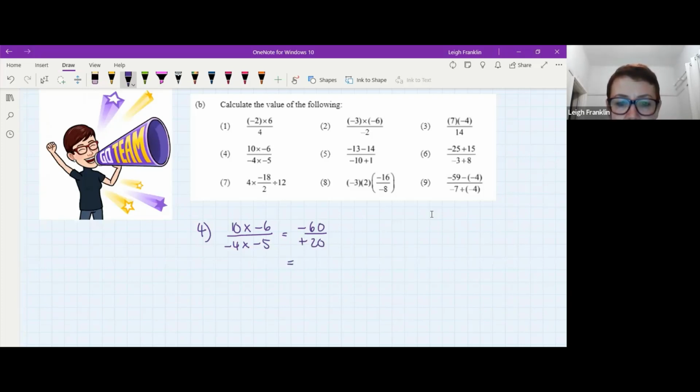And now when we divide a negative number by a positive one, we're going to end up with a negative answer. And 60 divided by 20 is going to leave us with 3. Does that make sense to everybody? Yes. Okay.